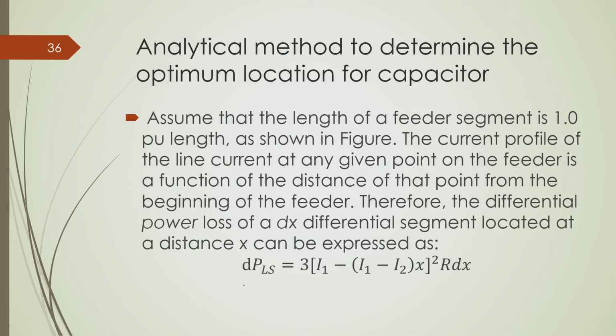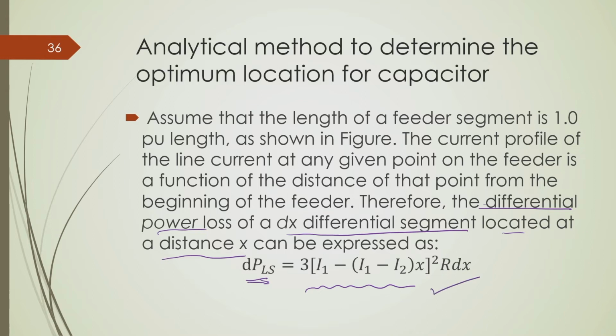Now, since it is a 3-phase system, we represent this del PLS, that is the differential power loss at a distance x, having a differential segment with a length of dx located at distance x away from the substation, by this equation.